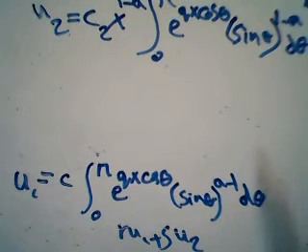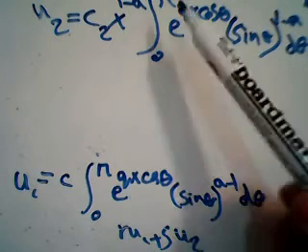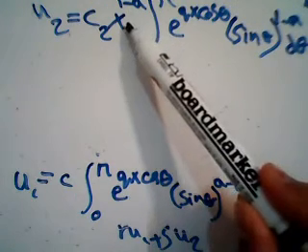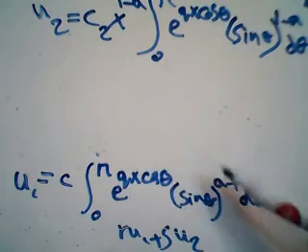But if a is equal to 1, then here we got sine theta to the 0, which is 1, and here also 1, and this also would be x to the 0, which is 1.